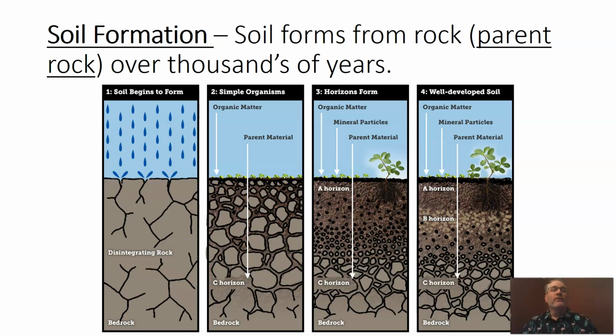So hopefully, knowing a little bit about weathering and erosion, when we start thinking about how soil forms from what we call parent rock, we now can understand that if we take solid rock and expose it to water and the elements, it's going to begin breaking down, and over many thousands of years, we're going to end up with soil.